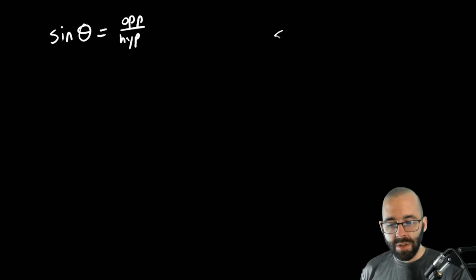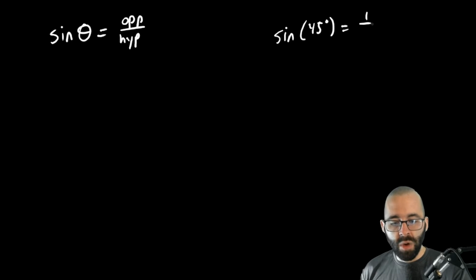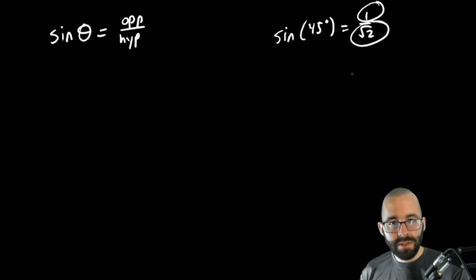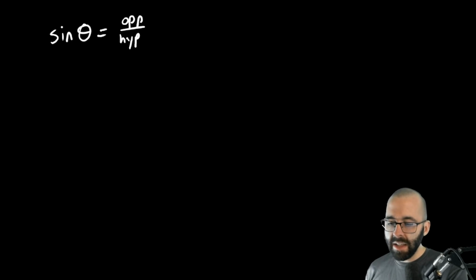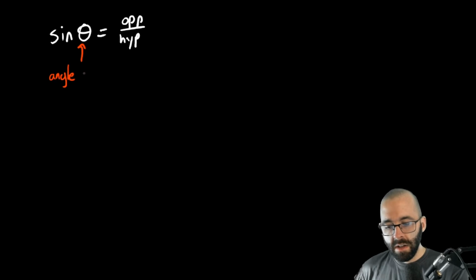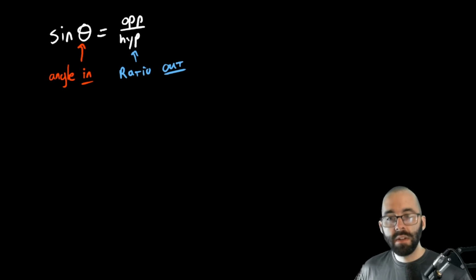Sine of 45 degrees is 1 over root 2, which means the ratio of the opposite side to the hypotenuse is 1 divided by root 2. So the main thing here is that sine takes in an angle as its input. An angle goes in, and a ratio comes out.